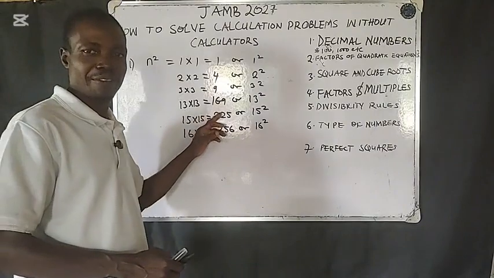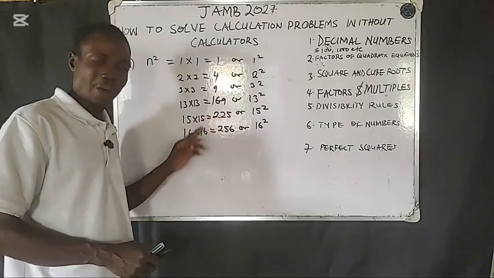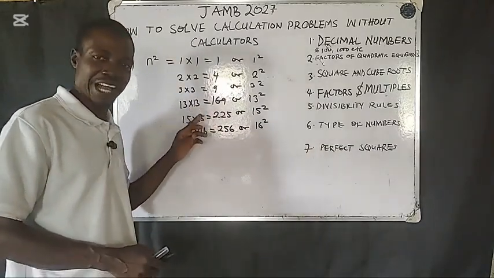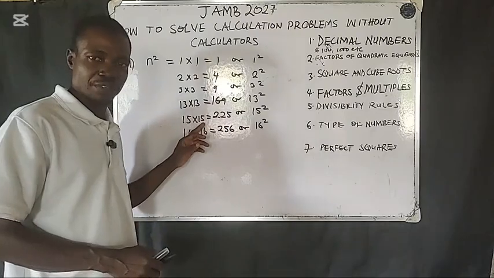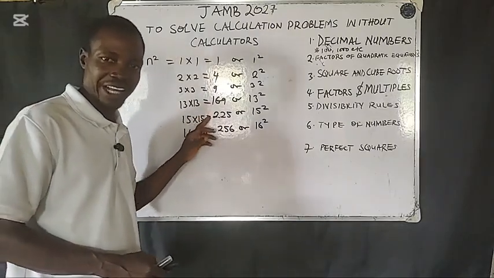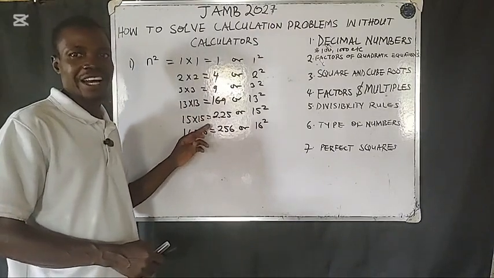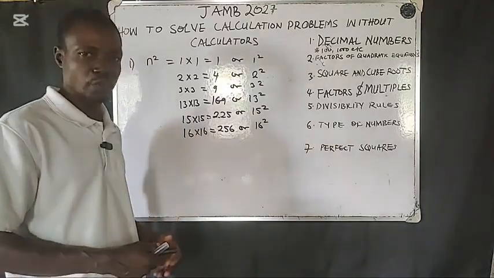After 81 you have 100. After 100 you have 121. 121 is 11 times 11. Then you now have 144, 12 times 12. You have 169. You have 196, right? And you have on and on like that. These numbers, they are called perfect squares.